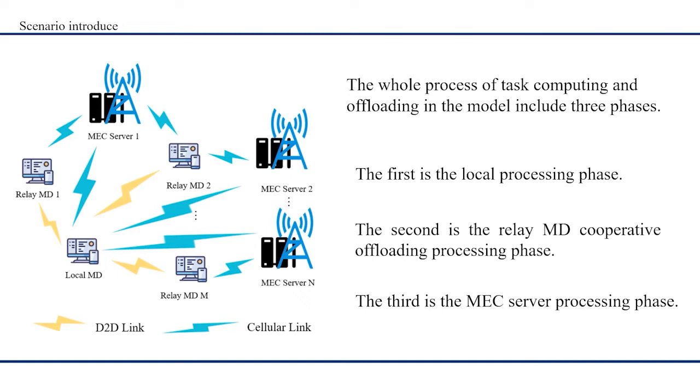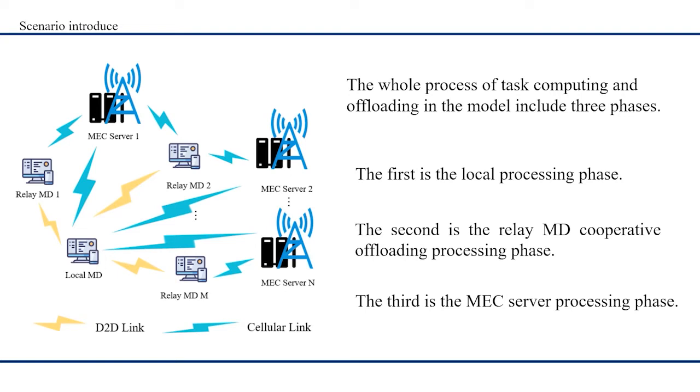The second is the relay mobile device cooperative offloading processing phase. The relay mobile device cooperative offloading processing phase consists of two parts. One is the relay mobile device computing of the segment that is offloaded from the local mobile device, and the other is a segment that is offloaded from relay mobile device to the MEC server.